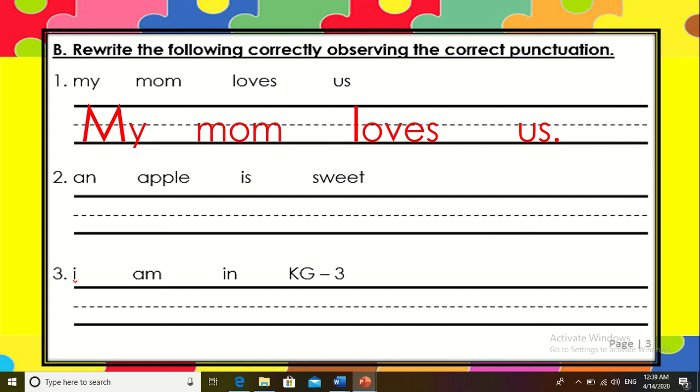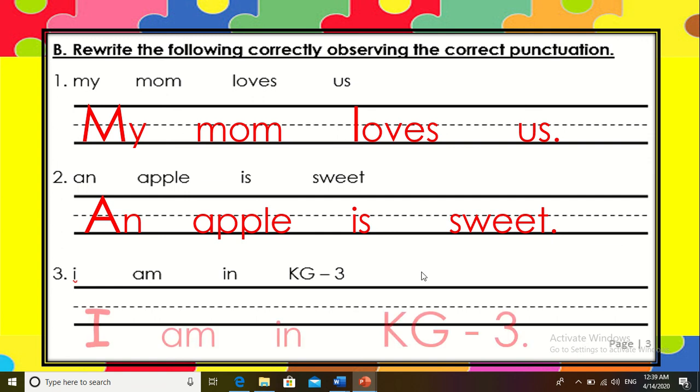Time's up, KGs. Are you done? Okay. Please take a look at these answers and check if your answers are the same as my answers. Okay, KGs, number 2, an apple is sweet. Big letter A or capital A and ends in a period.